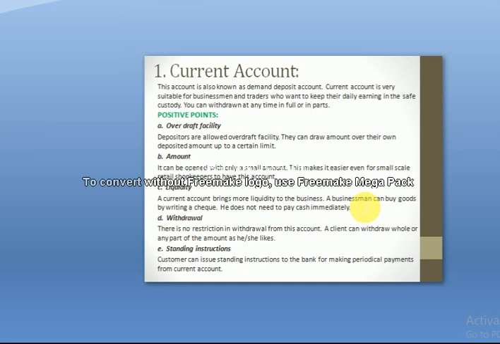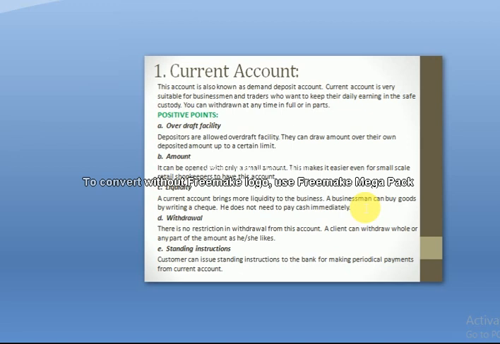So the current account mostly includes deposits, withdrawals and contra transactions. Here I use three words: deposits, withdrawals or drawings, and contra transaction.